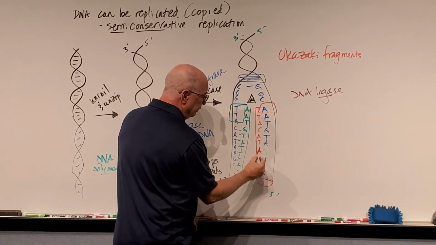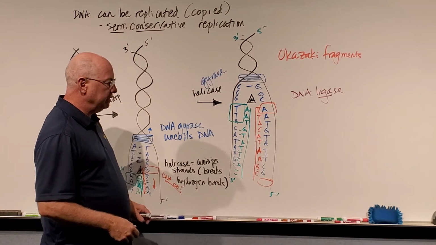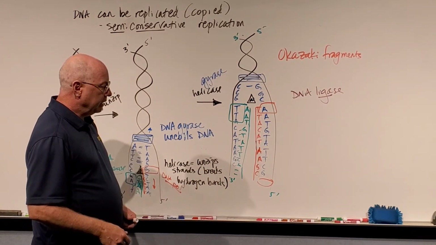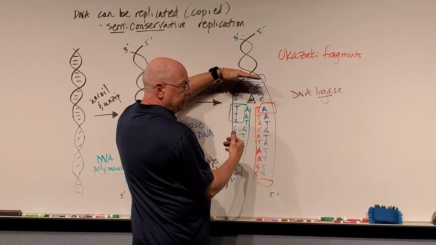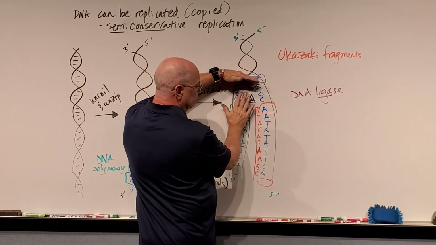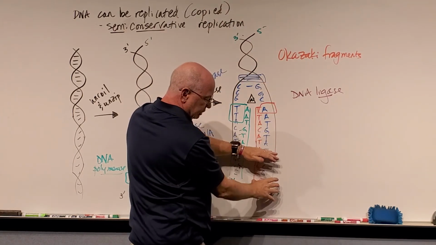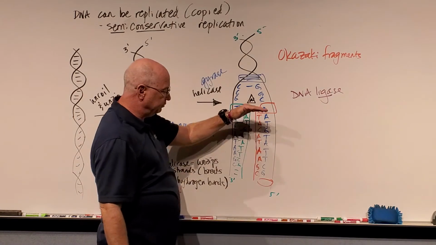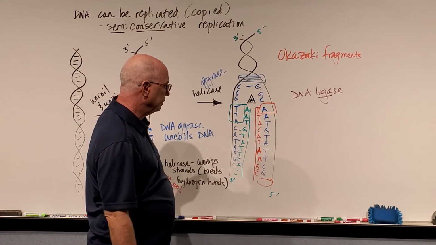And so it'll go in and fix any of these broken bonds between the second strand. And eventually this will continue. These enzymes, gyrase, helicase, and polymerase, are all going to work down to this end. And in the opposite direction, I'm going to have another DNA polymerase making Okazaki fragments and ligase sticking them together.